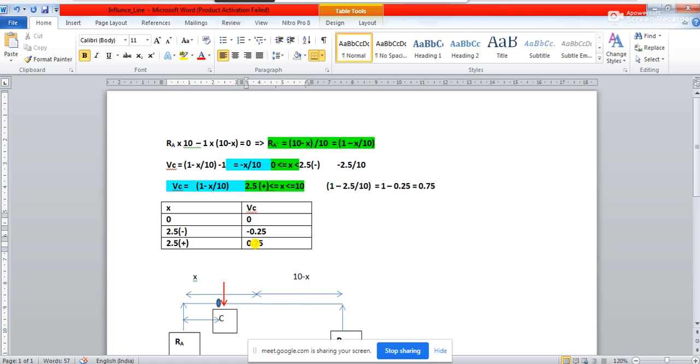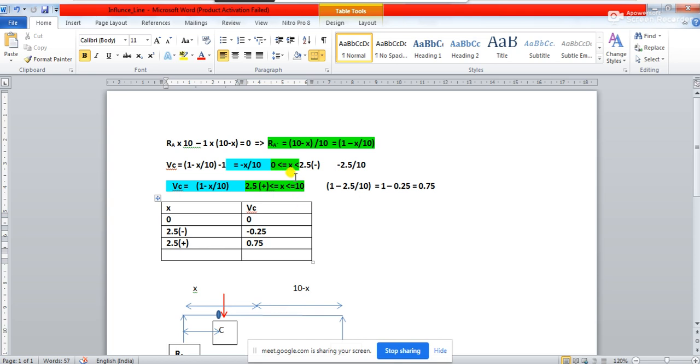However, in the case of shear force, you observe very clearly at 2.5 minus, that means when the load is just at the left of C, the shear force is negative and the value is minus 0.25, whereas when the load is just crossing C and moving to a little right of C, the shear force becomes positive and the value is 0.75. Is it clear? Okay.